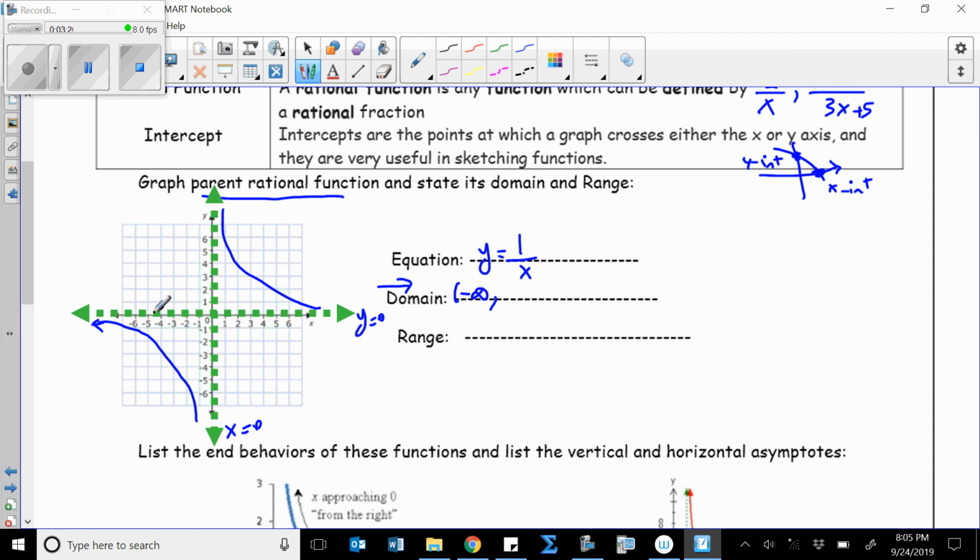As I move to the right side, for any x value that I see on the x-axis, there is one point on the graph which is defined for that x value. But as I reach 0, I see that there is nothing defined for x equal to 0. Your function is not defined for x equal to 0. That means there is a hole at this point.